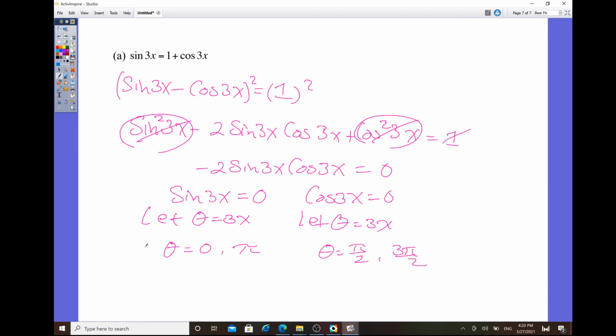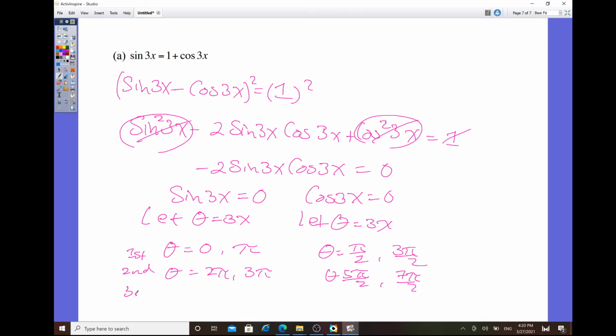And then the second cycle, that would be 2 pi, 3 pi, and then 5 pi over 2, 7 pi over 2.